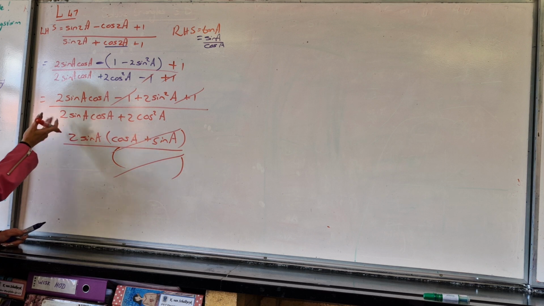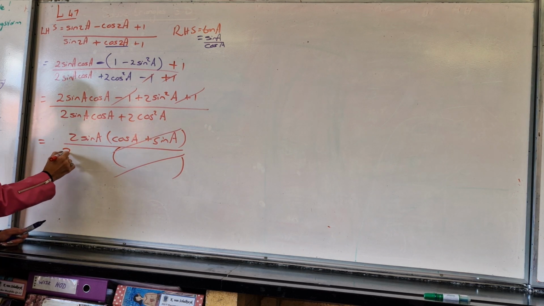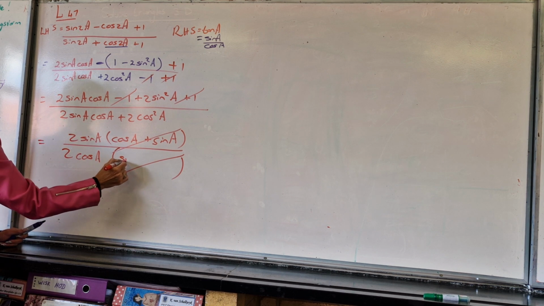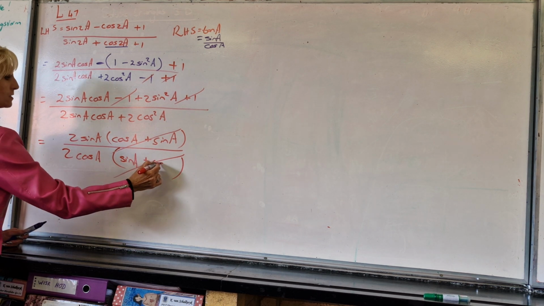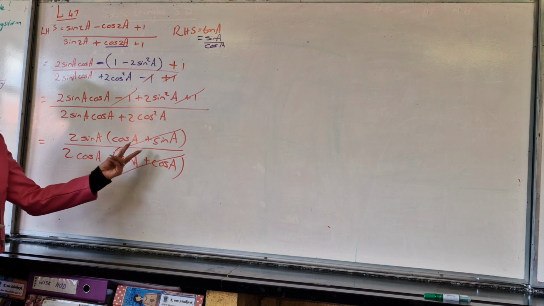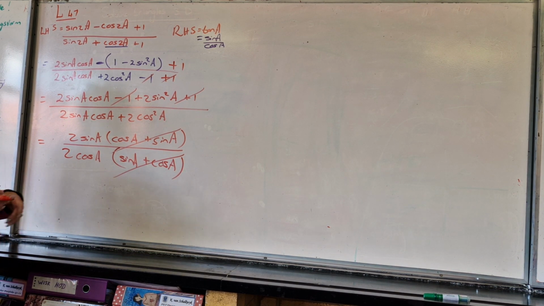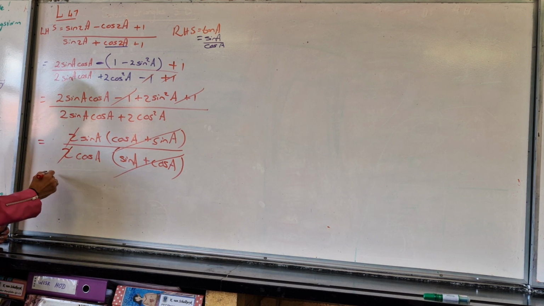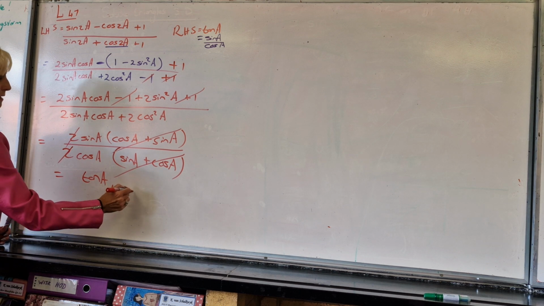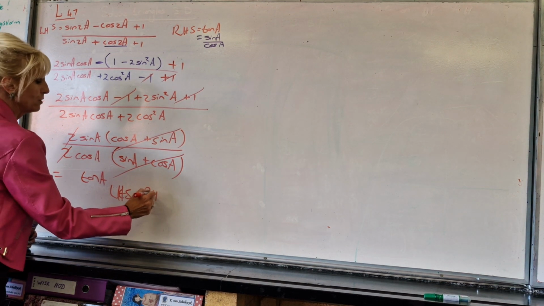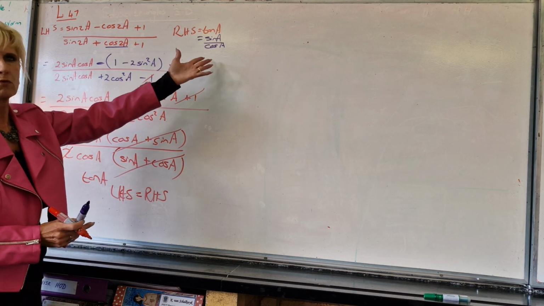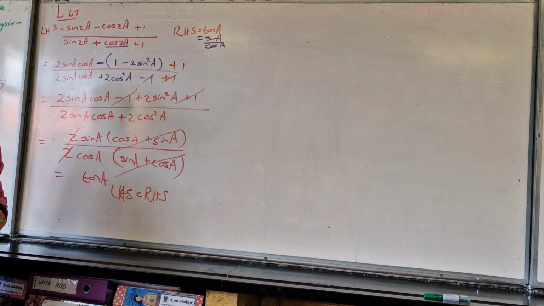So how's that going to happen at the bottom? I'm going to take out our 2 cos. What's left if I take out 2 cos? Sin plus cos. Now they just swapped around, but they're exactly the same because it's plus, and plus it doesn't matter. And then I'm left with the 2's falling away, with tan, which is left-hand side equal to the right-hand side. And whether you leave it like that and write that as sin over cos, or take it both to tan, it doesn't really matter.